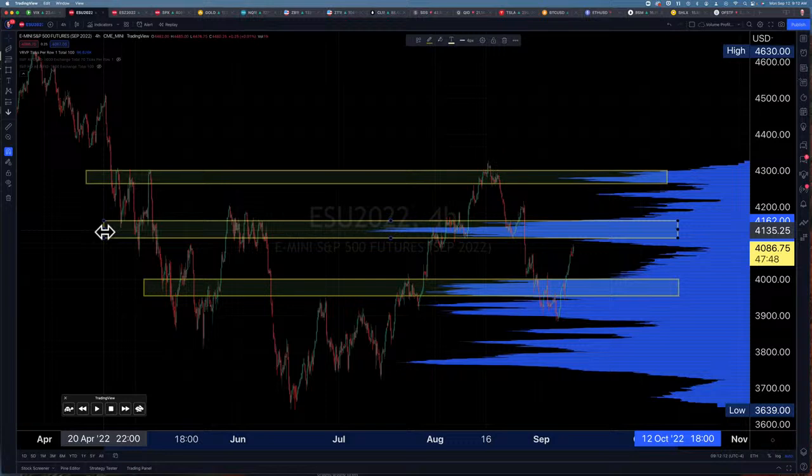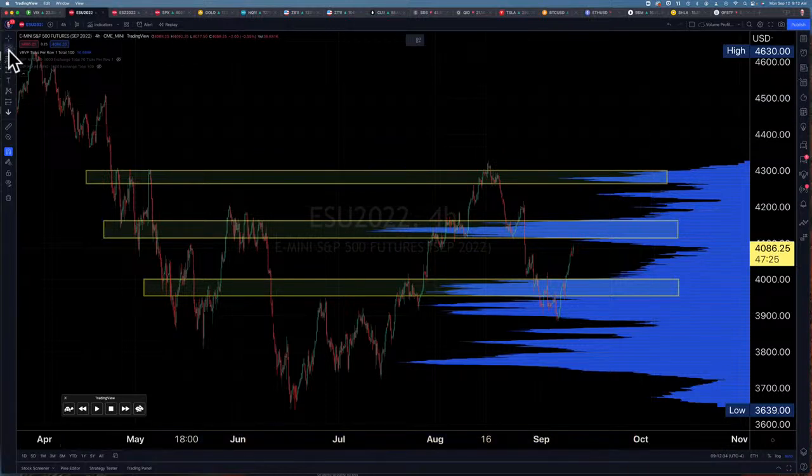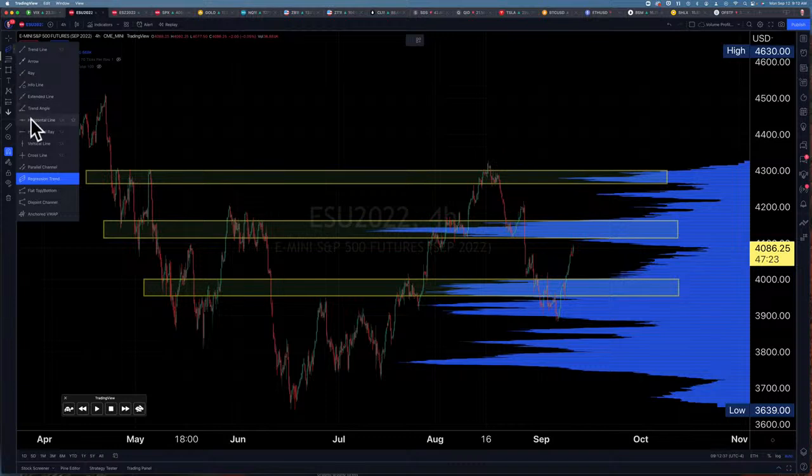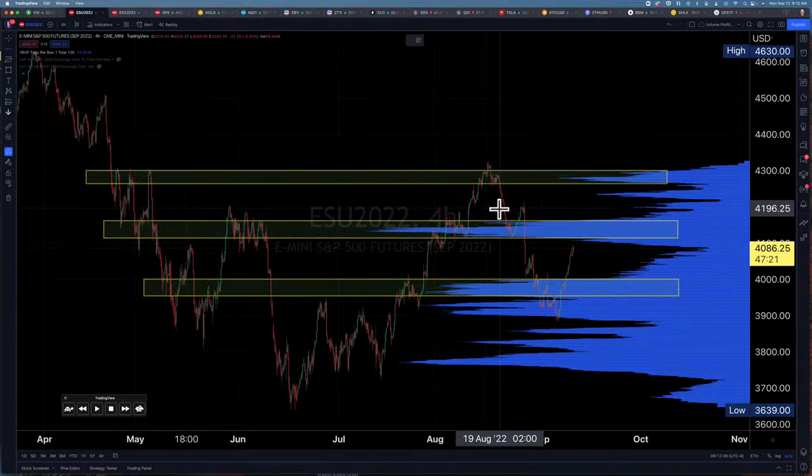All right, so once I've identified the major nodes, that's part of the job. The next part is identifying what a lot of people call the LVNs, or low value nodes, which is the mirror image of a volume node. And that's the low points. I call them LVLs because there can be more than one. And what we're looking for are these extreme low points. And we're going to identify those with a green line. So I'll use a horizontal ray for that.